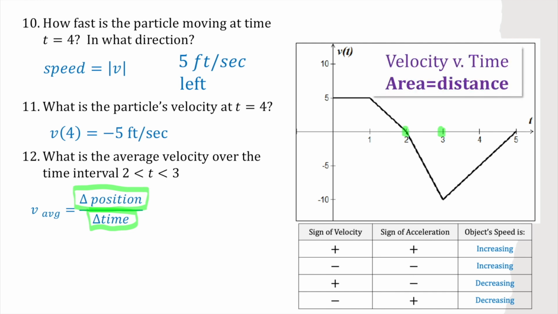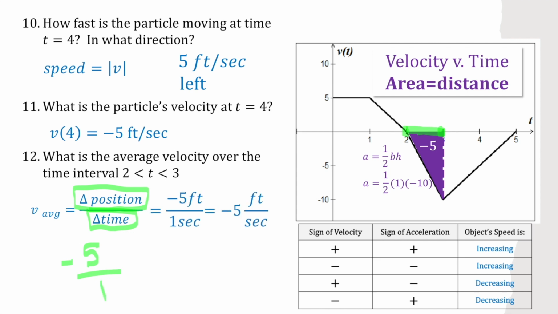Well, remember, on a velocity versus time graph, area equals distance traveled. So the area here is the area of this triangle. That's the distance traveled. So the area of a triangle is 1/2 base times height. So this area here is -5. So it's gone -5 over 1 second.